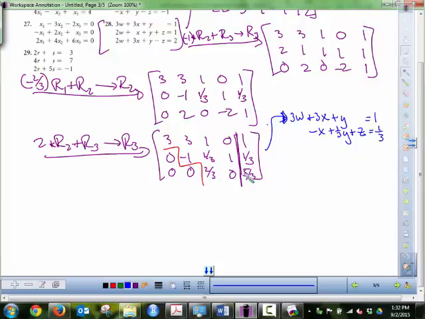All right, so the last one, this is my third spot, which is my y. That would be 2/3 y plus 0z is equal to 5/3. Okay? So if I do the back solving, I have a value for y.